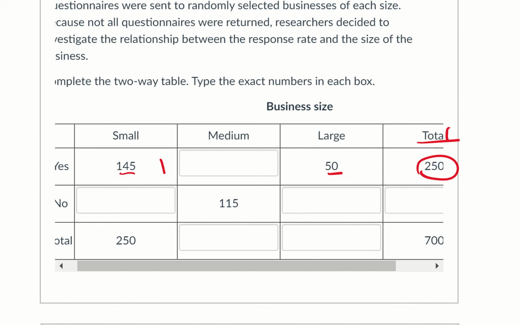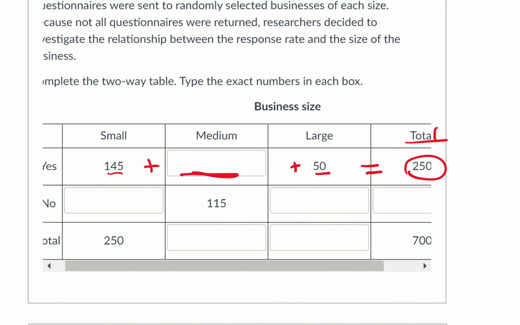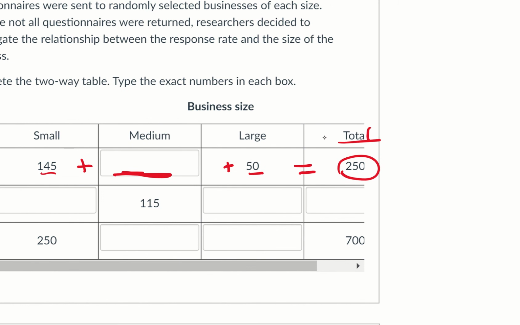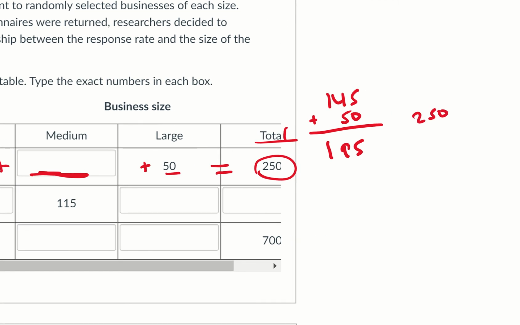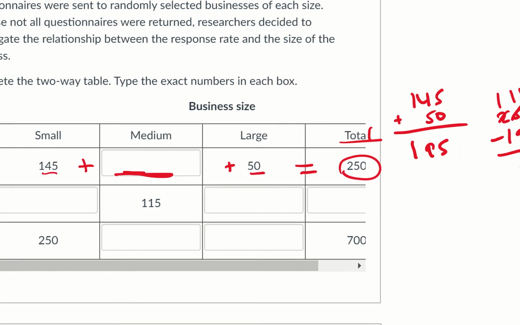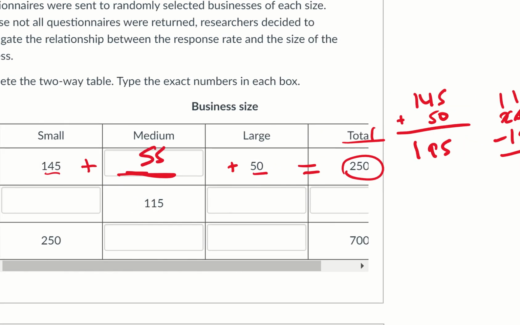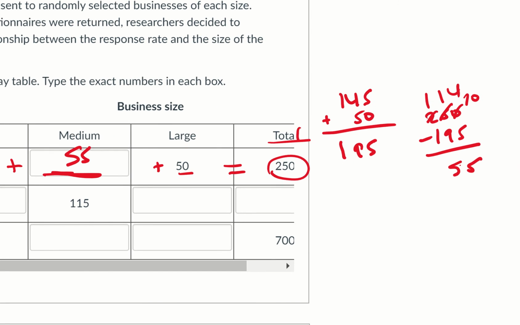Well, that means that these numbers here have to add up to 250, right? So then we can figure out what this is. 145 plus 50 is 195, and then we can subtract that from 250. So here we get 55. So there's 55 medium-sized businesses.